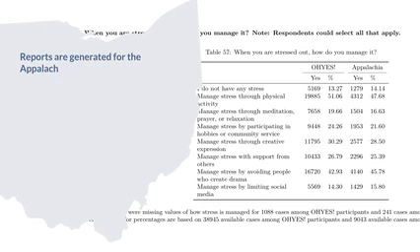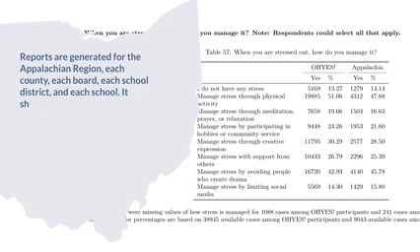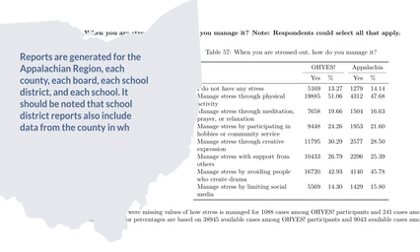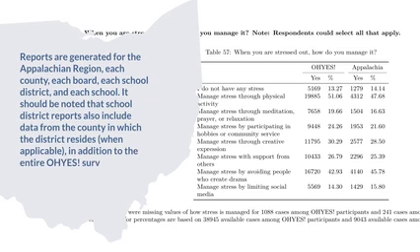Reports are generated for the Appalachian region, each county, each board, each school district, and each school. It should be noted that school district reports also include data from the county in which the district resides, when applicable, in addition to the entire OHYES survey sample.